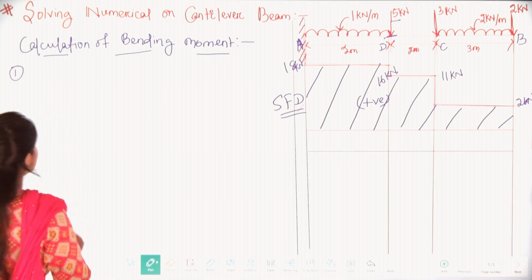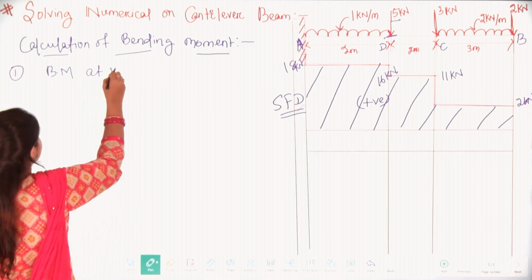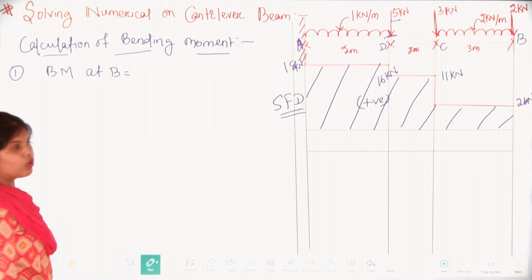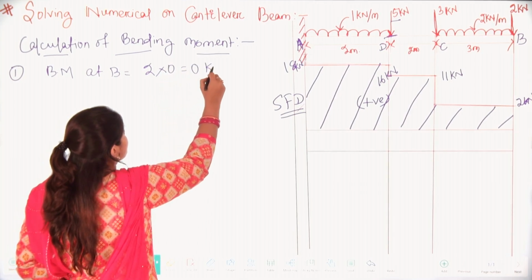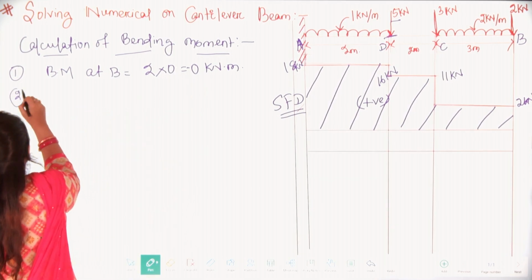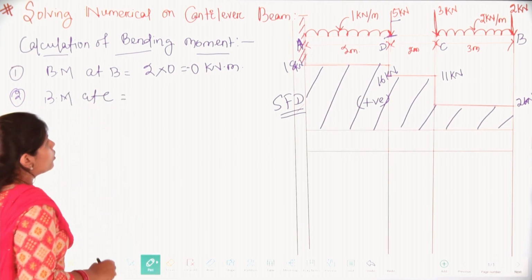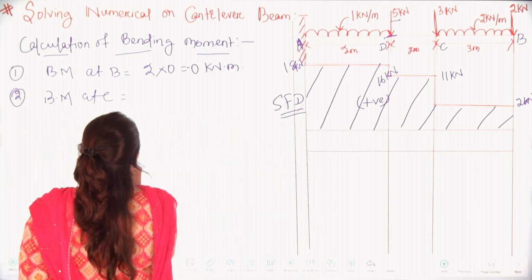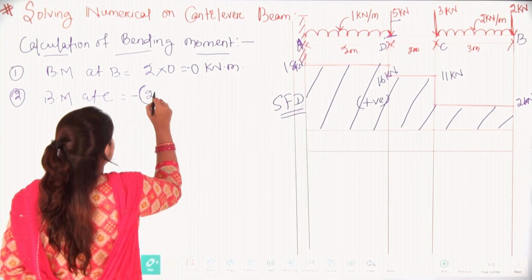First, we will calculate bending moment at B. The distance will be 0, so we will multiply 2 into 0. That will be 0 kilonewton meter. Next is bending moment at C. This 2 kilonewton point load will be multiplied with 3 and the sign will be negative.